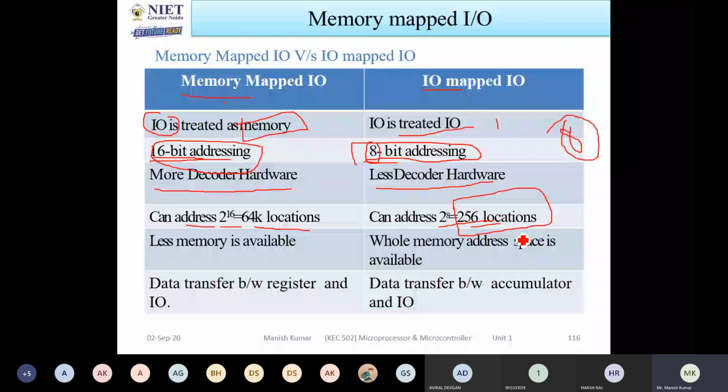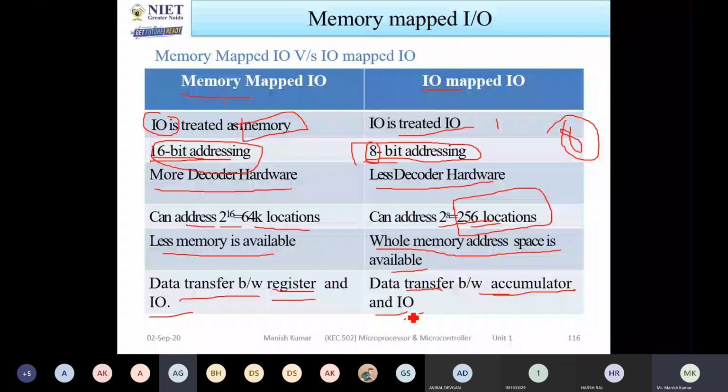The next is data transfer between registers and input output, and data transfer between accumulator and input output. Now you can see, when you are using memory mapped, the data is transferred between registers and input-output devices. But when you are using input-output mapped, the accumulator is used for the transferring of data. So I already told you that IN and OUT instructions will be used.